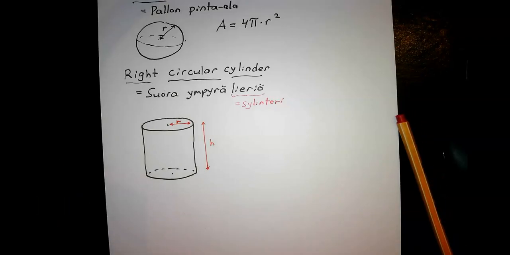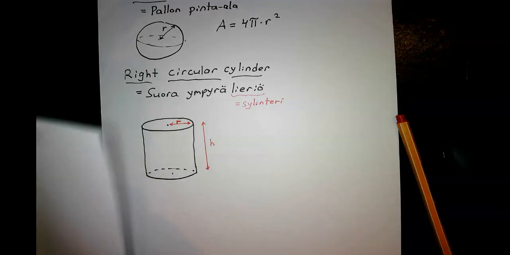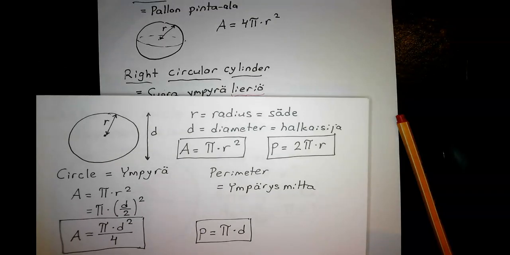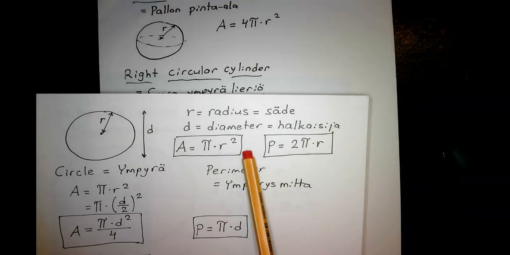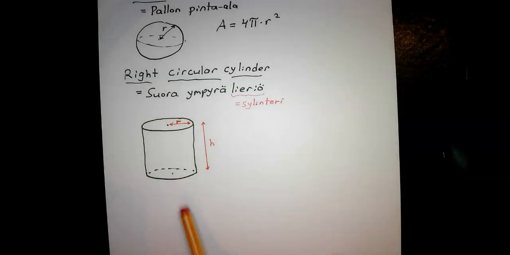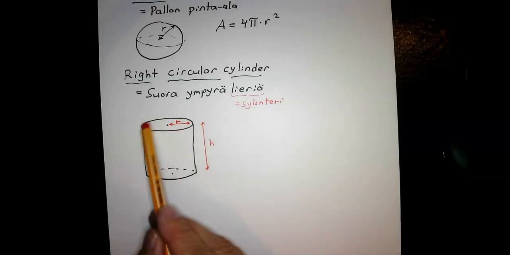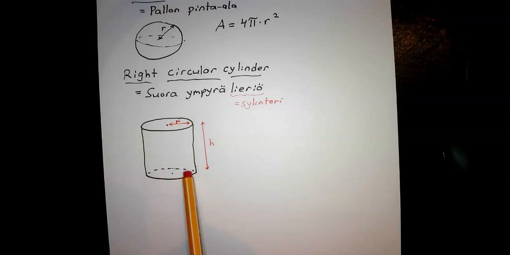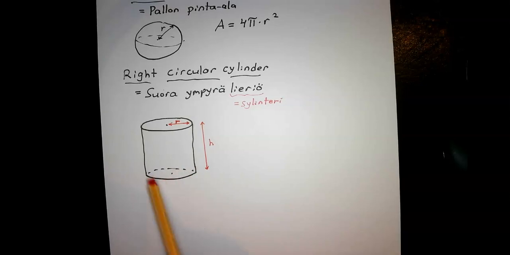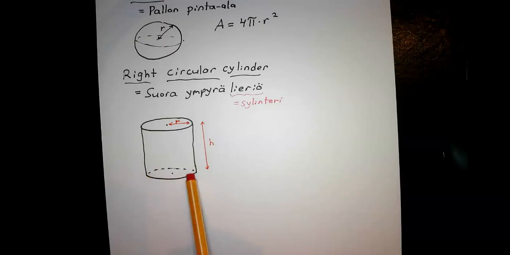And this is quite easy to understand, the formula for volume, because we have the area of the circle, pi r squared. So here is the circle, and also in the bottom side of this solid figure there is also a circle.